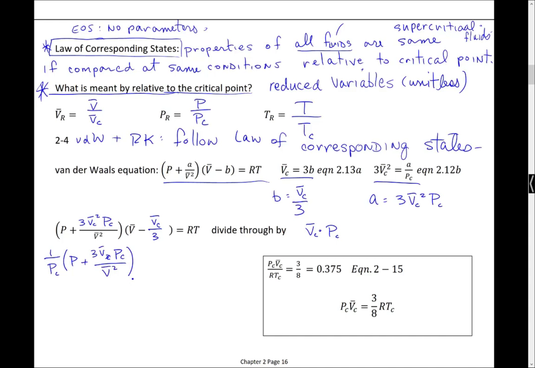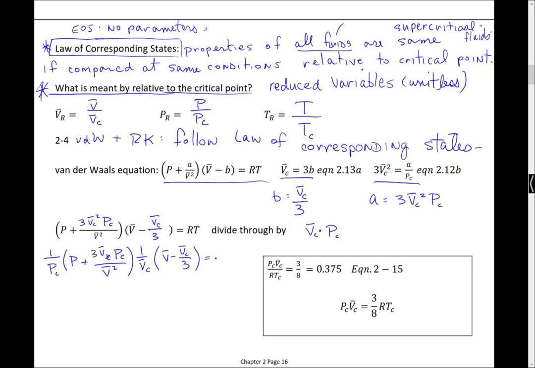And then I'm going to bring in the reciprocal of the molar volume, so 1 over V bar C times V bar minus VC over 3, right? So that's the left side of my equation.